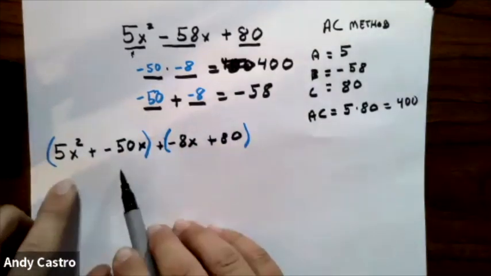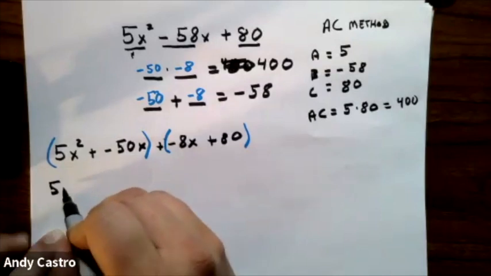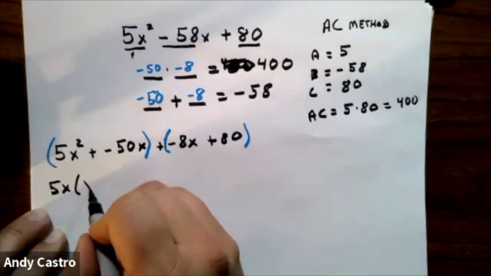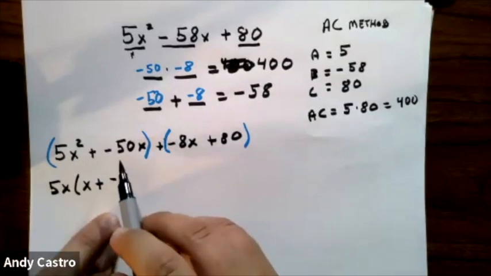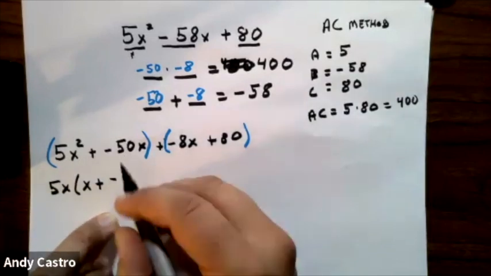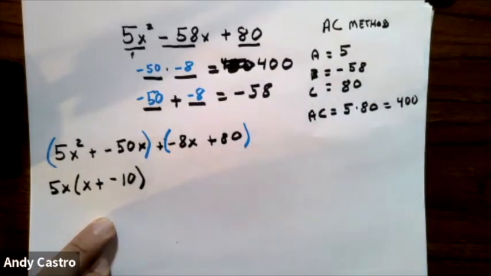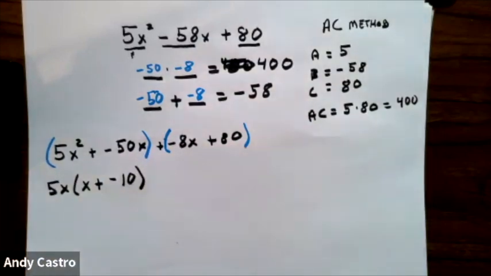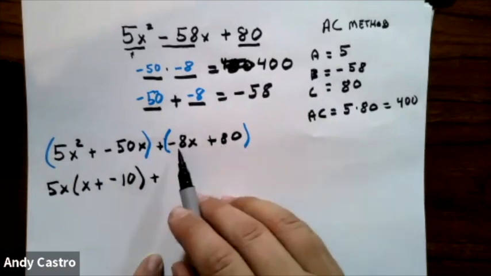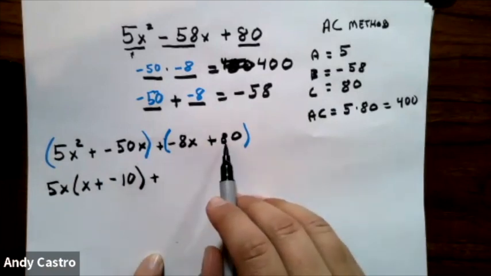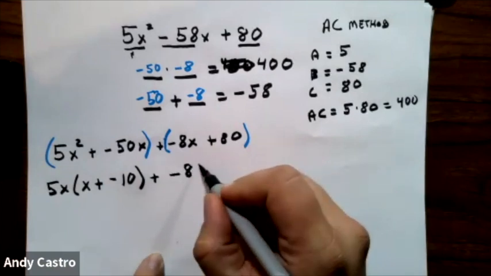All right, so here I can take out a 5 and an x. That leaves me with just an x there. And this will be plus negative, and if I take a 5 out of the 50, that gives me 10 and an x, so the x goes away. Then plus, now this is negative, but this is not, so I'll take a negative 8 out.